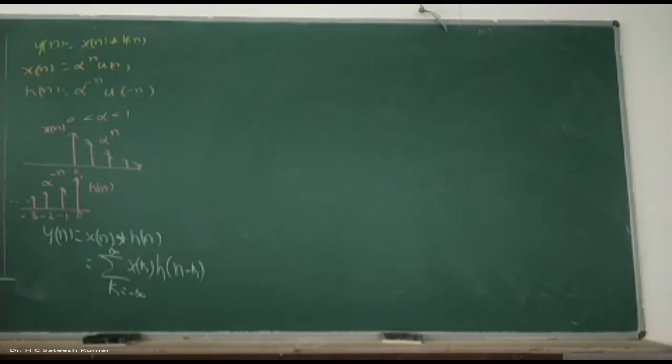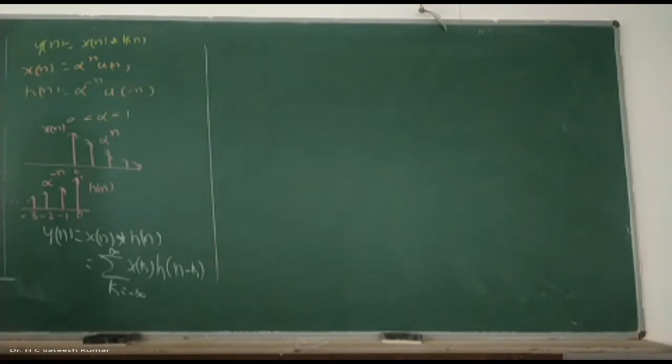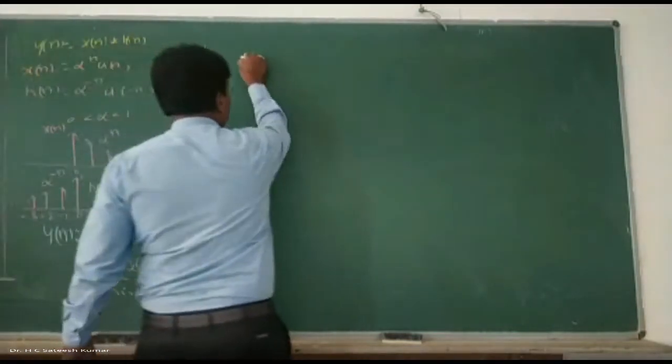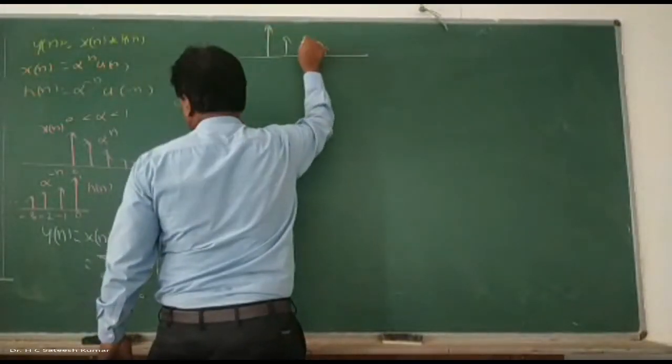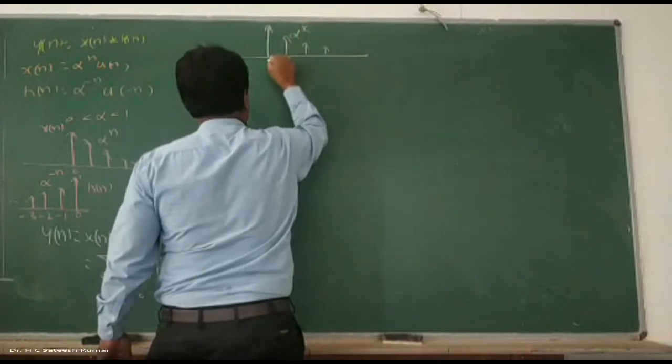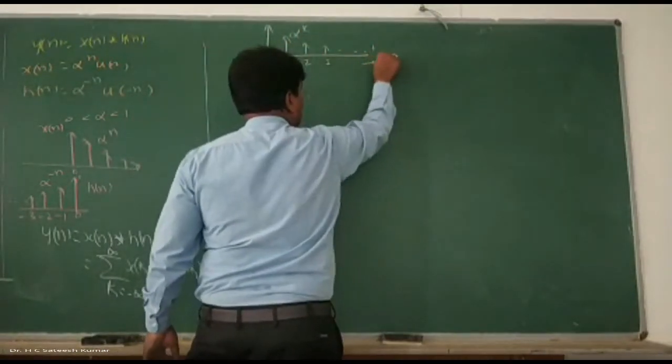So therefore, what can you write? x of k is alpha to the power of k, with 0, 1, 2, 3, and so on on the k axis.